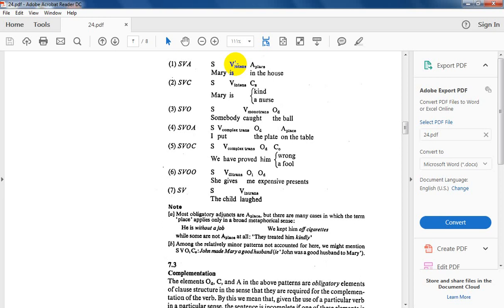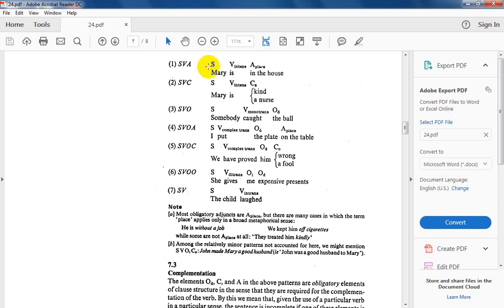The intensive, and the transitive, which can be divided into mono, di, and complex. The mono, in which I have one direct object; the di, in which I have two objects, direct and indirect; the complex, in which I have a direct object and an object complement.